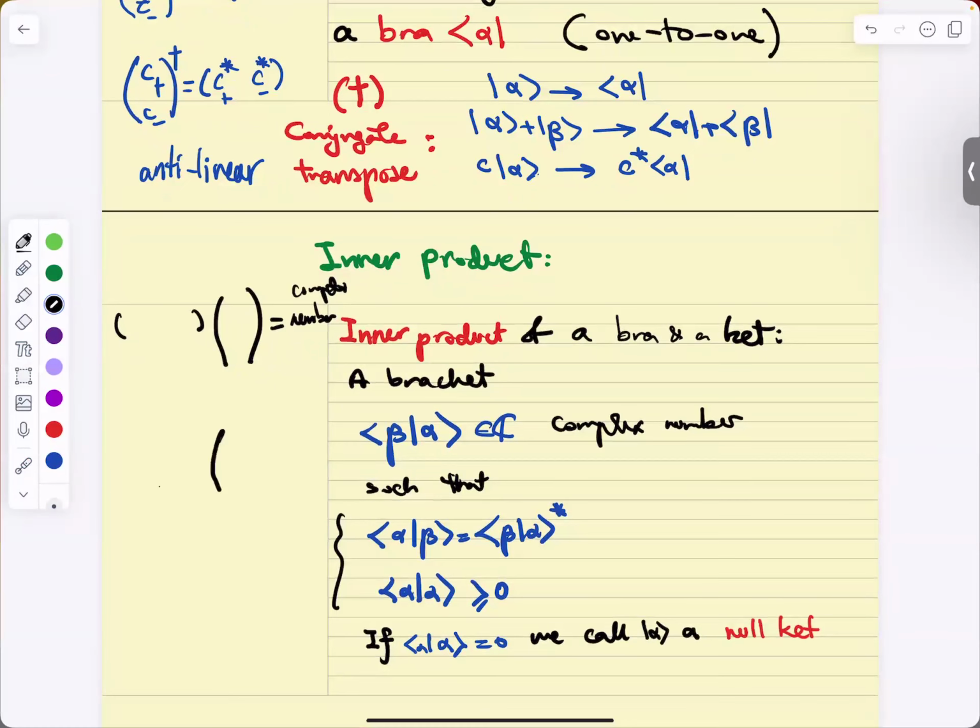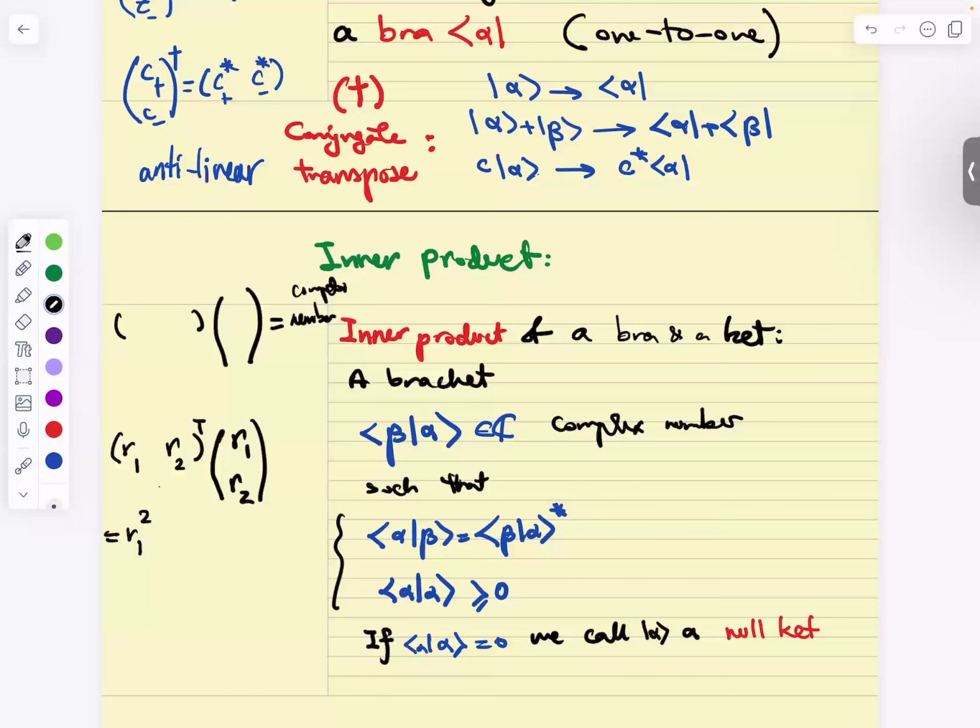If you have real vectors, let's say two-dimensional real vectors, these are real numbers. If you define the bra in real spaces as the transpose, the inner product is going to be R1 squared plus R2 squared. So this is positive, non-negative.